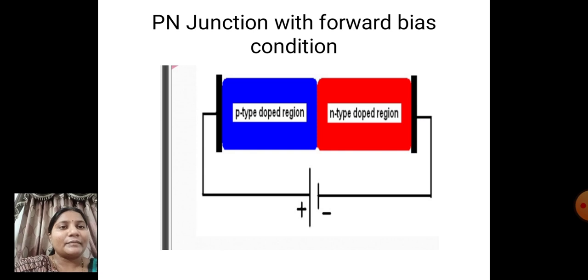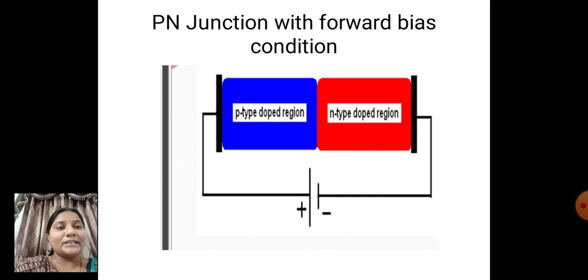The battery has a positive electrode and a negative electrode, and the positive electrode of the battery is connected to the p-type semiconducting material, and the negative electrode is connected to the n-type semiconducting material. Clear? This way of connecting the p-n junction diode is the forward bias condition.